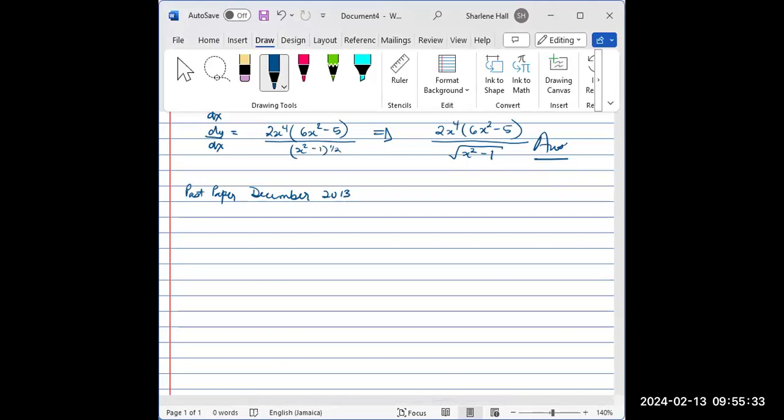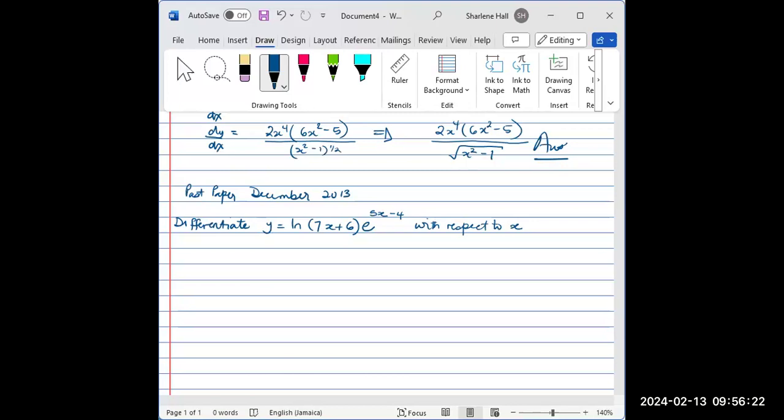All right, December 2013. The question says to differentiate y equals ln(7x + 6) e to the power 5x minus 4 with respect to x.